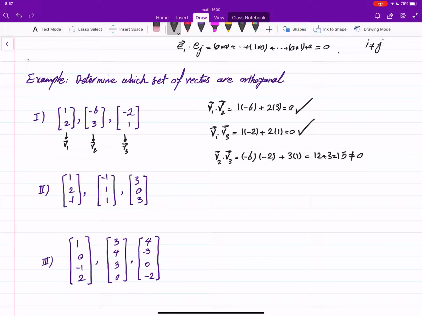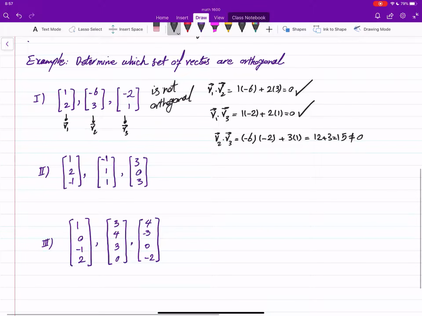So the set is not an orthogonal set, because for an orthogonal set all pairs of distinct vectors must give 0 when you take the dot product.